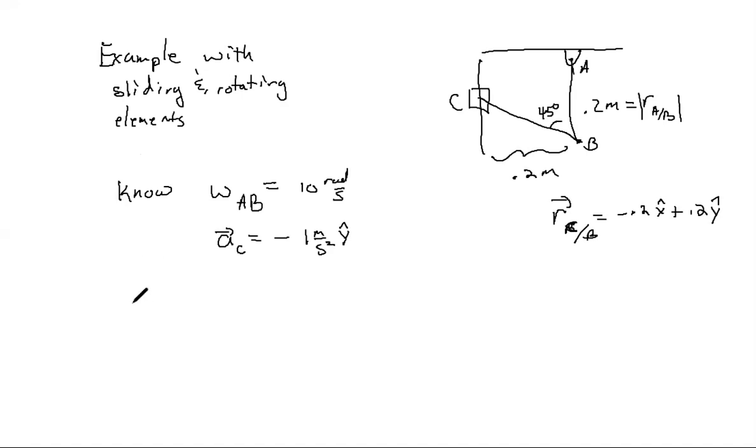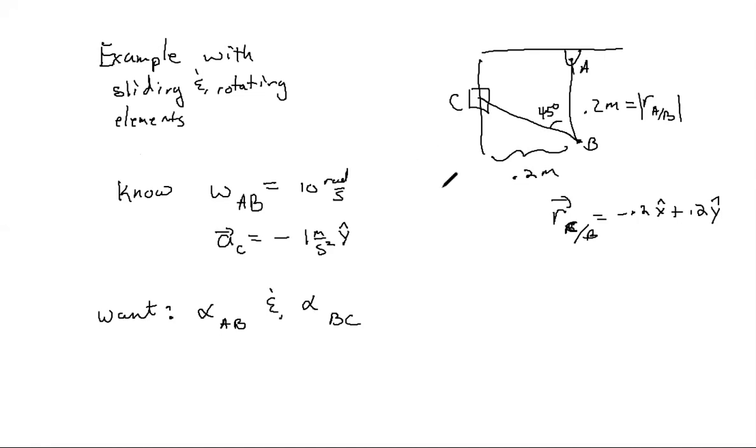What we want is to find the angular acceleration alpha for AB and alpha for BC. Try to find the two angular accelerations. All right.